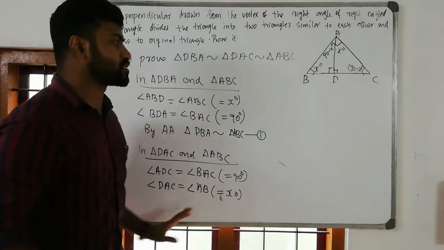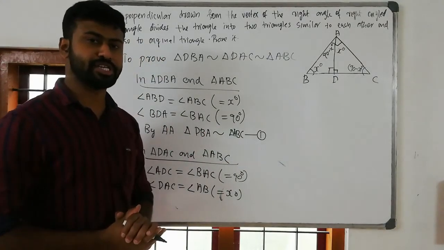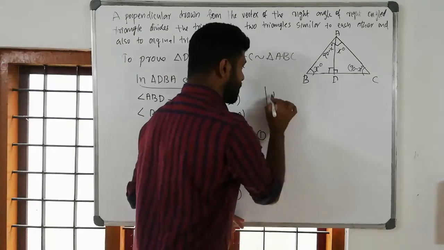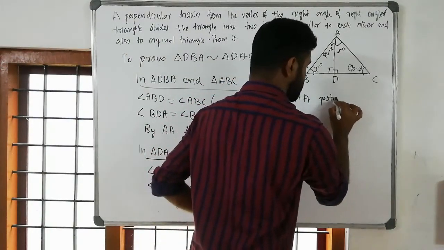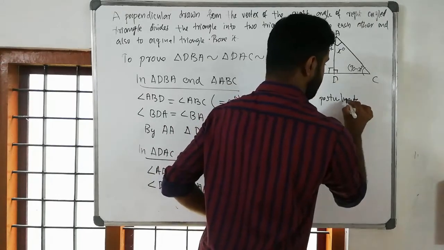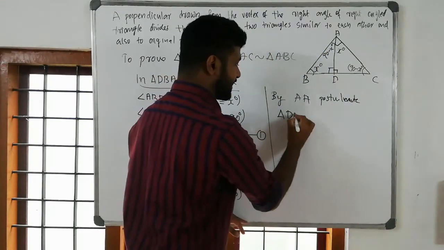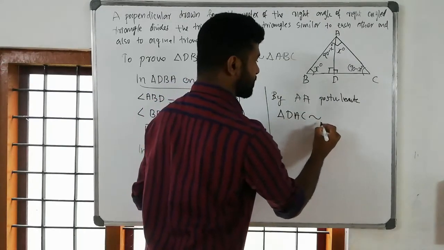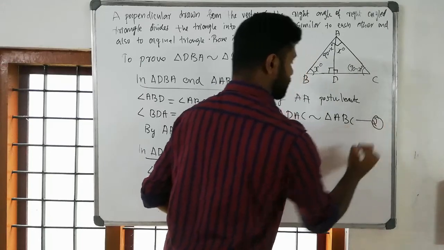So two of the corresponding angles of triangle DAC and triangle ABC are equal. So we can write by AA postulate triangle DAC is similar to triangle ABC. This is our condition number 2.